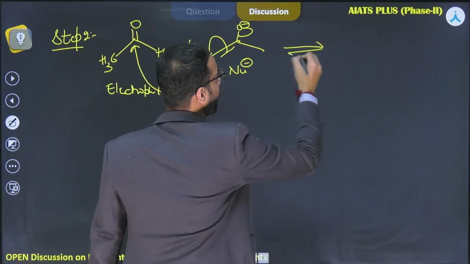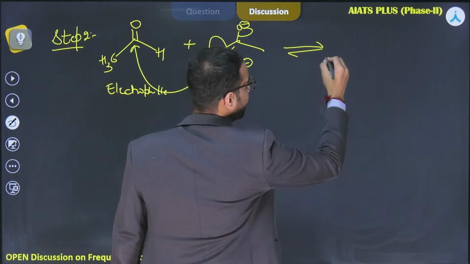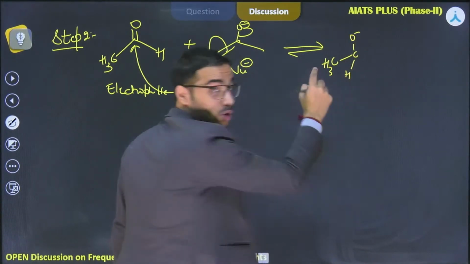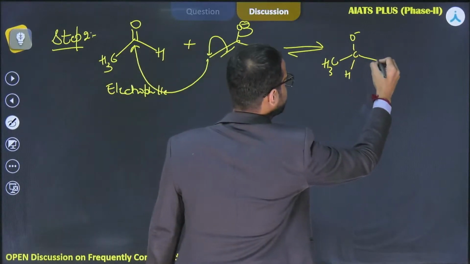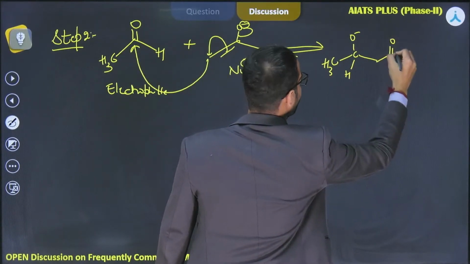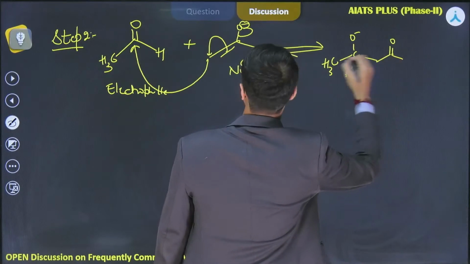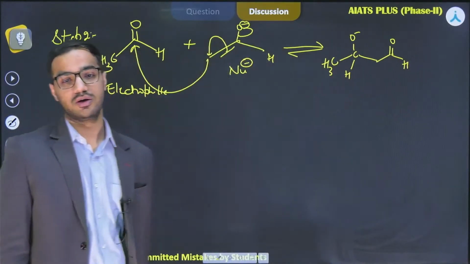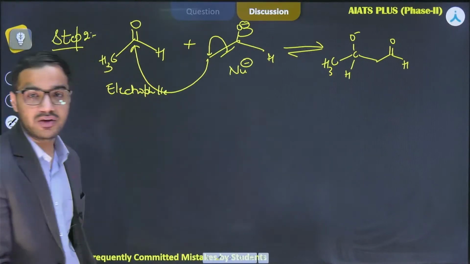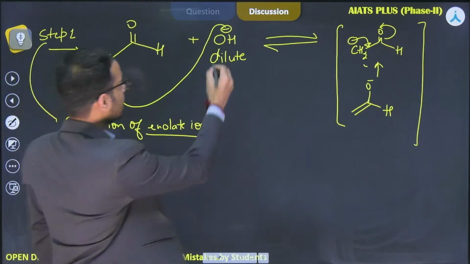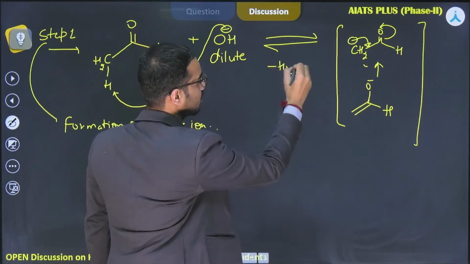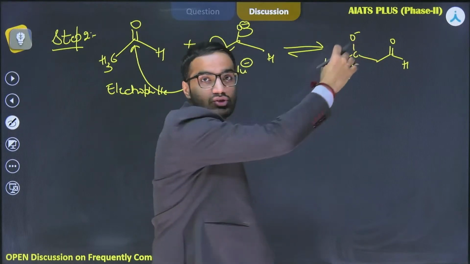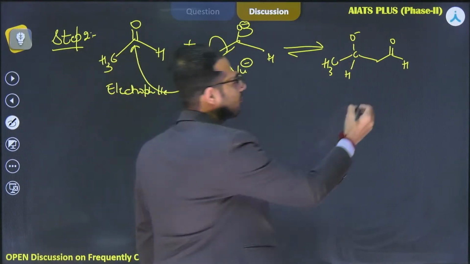The product is formed in the manner that you have CH3, CH, O minus, with the hydrogen over there, and you will get CH2, C double bond O, and its hydrogen over here. And always remember, in the previous case you have released water, and the water molecule will react with this, and this negative charge can attain a proton, and what will you get?